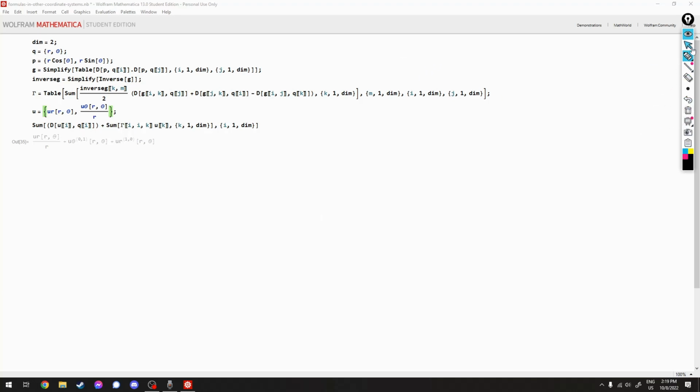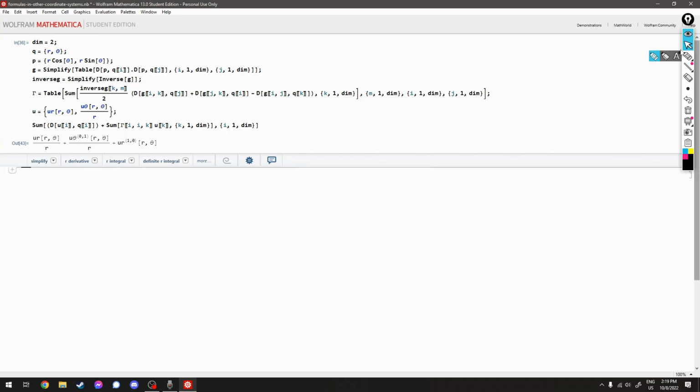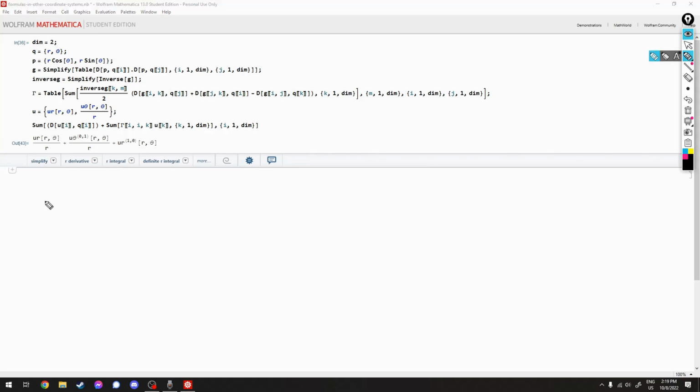Okay, so once I do that, then we just get the formula that you see in vector calculus books, which is u^r over r plus dr u^r plus 1 over r, that's that extra factor, d theta u^theta.